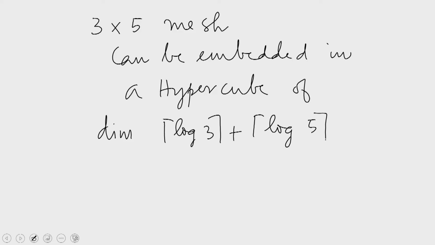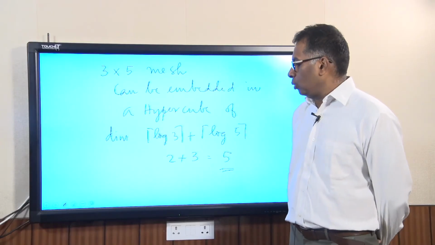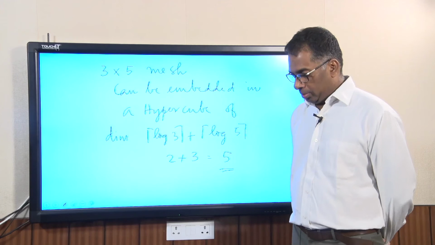Ceiling of log 3 is the same as log 4, which is 2, and the ceiling of log 5 is the same as log 8, which is 3. So, you require a hypercube of dimensions 5 to embed a 3×5 mesh. This establishes that a 3×5 mesh embeds in a 5-dimensional hypercube.